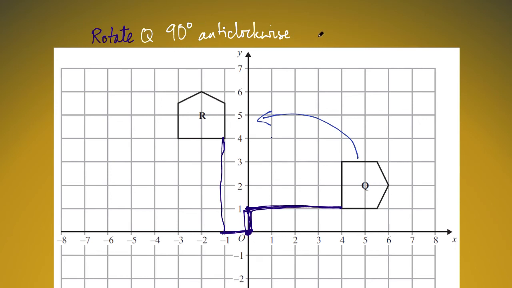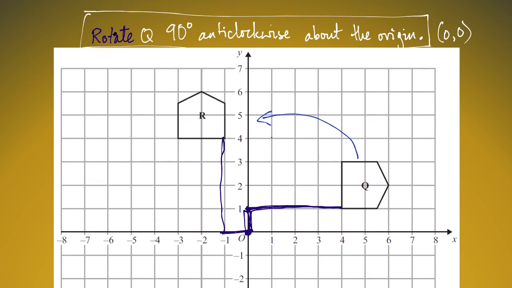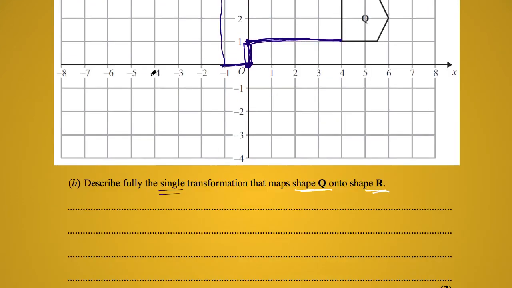Rotate Q 90 degrees anti-clockwise about the origin. Or you could say center of rotation, the origin, or center of rotation, 0, 0. But this instruction here is fully correct. If you had tracing paper, of course, that does make it easier to find the center of rotation.